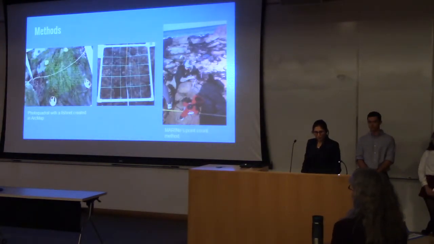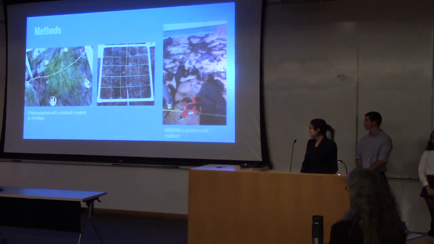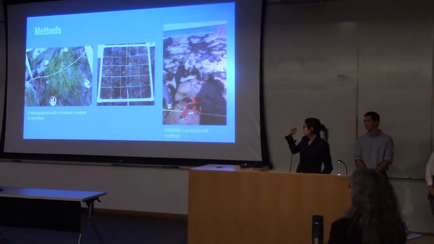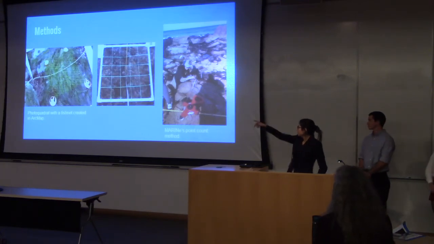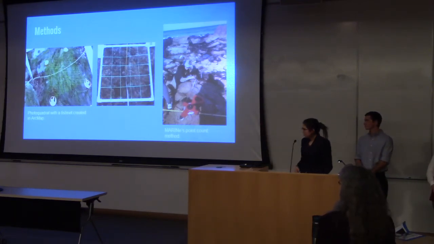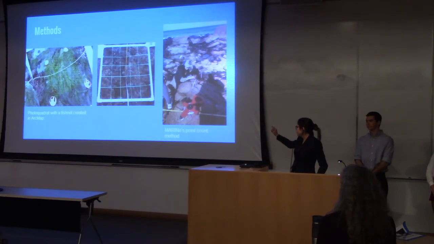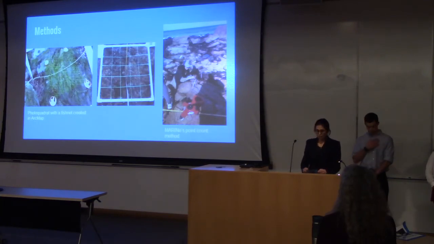For the first method, we took photo quadrats and we created fishnets using GIS, similar to a traditional quadrat, which is seen in the middle photo. And for the second method, which is seen right here, we used MARINe's point count method.